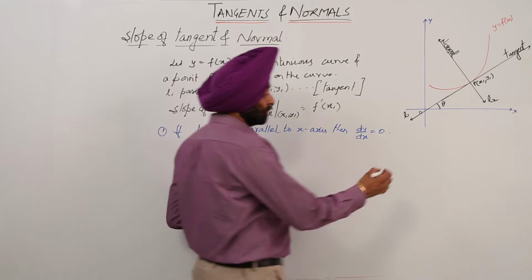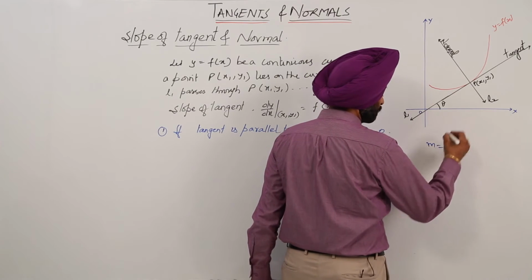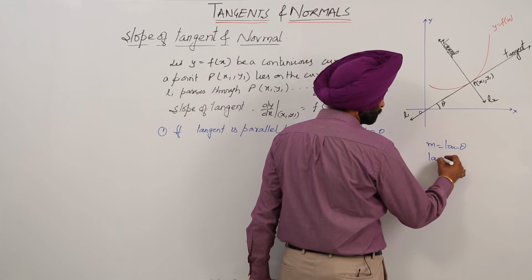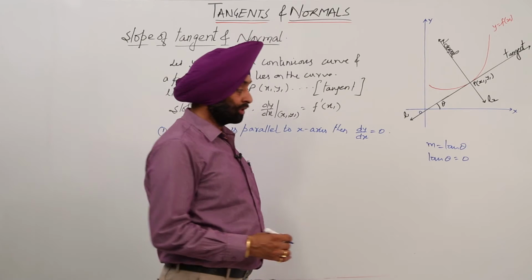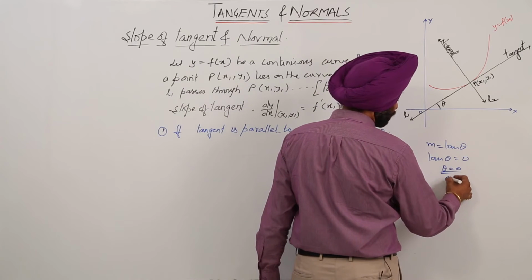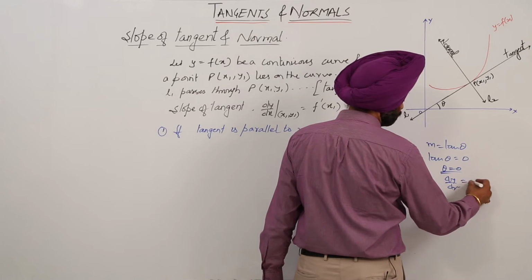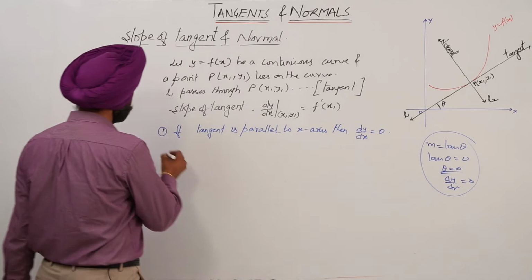Why is it 0? Because we have m is equal to tan theta, and because it is parallel, the angle will be 0. It means theta is 0. So dy by dx is equal to 0.